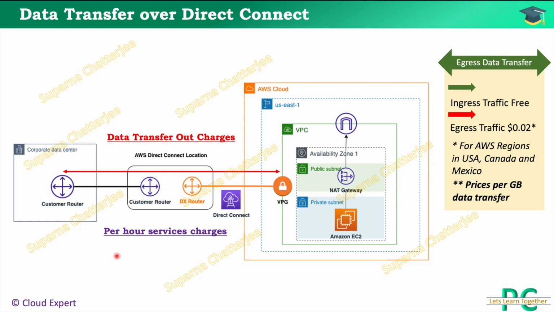In that case, you will pay per hour service charges per Direct Connect connection, and you will pay data transfer out charges cumulatively over the Direct Connect connections. To remind you, ingress traffic is free and egress traffic is 2 cents per GB of data transfer.